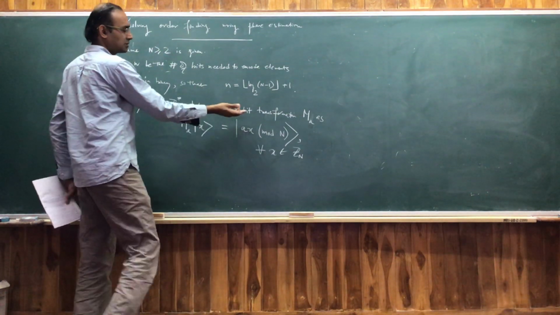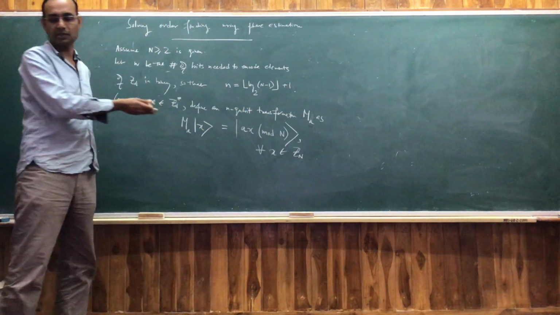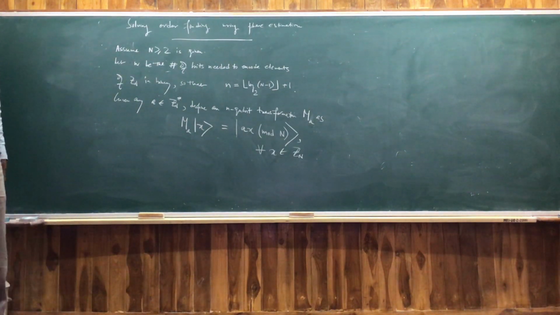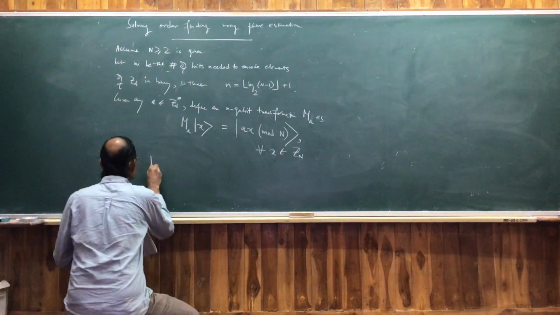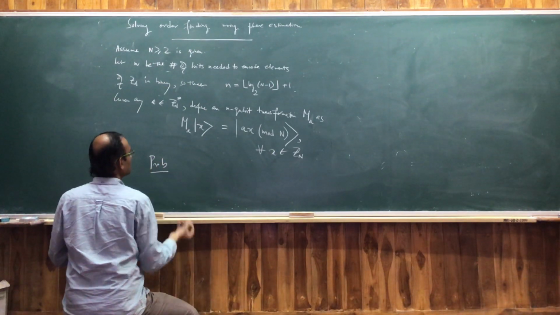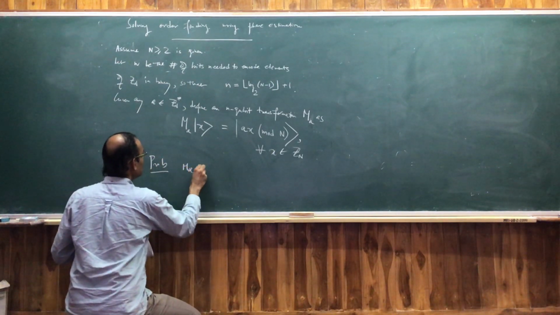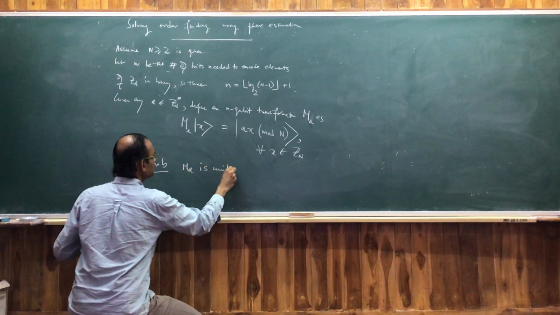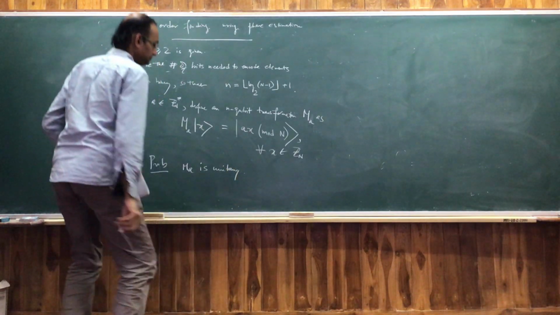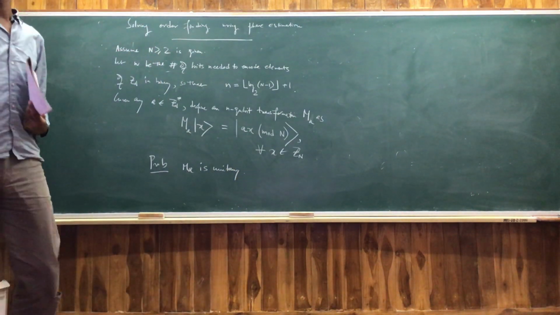So first of all, this is just a transformation. We have to first of all see whether this is a valid physical operation. So you can show, take it as a problem, MA is unitary. Show that it is unitary.